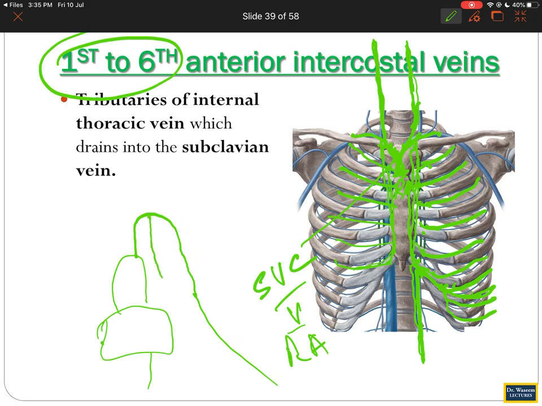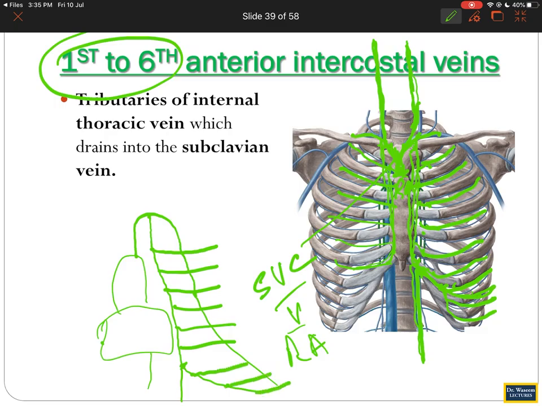So this is now your internal thoracic, which for the first 6 intercostal spaces divides into musculophrenic and superior epigastric. The internal thoracic gives the first, second, third, fourth, fifth and sixth anterior intercostals, and then the 7th will be from musculophrenic, the 8th also, the 9th also. Why not the 10th, 11th and subcostal?